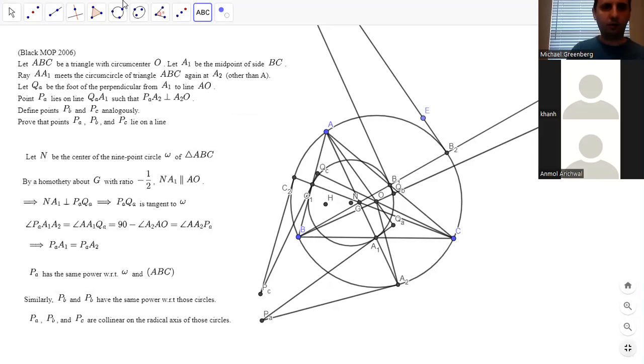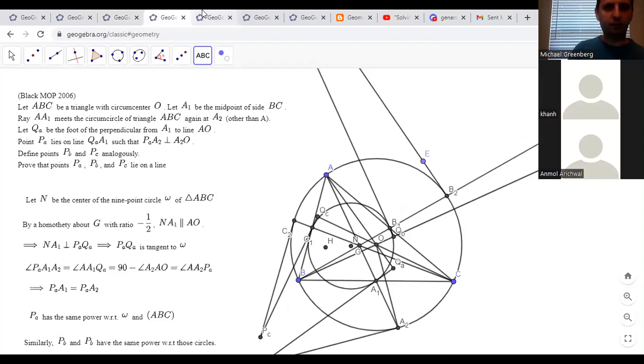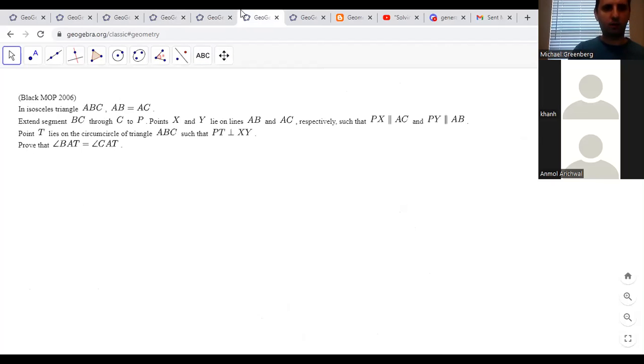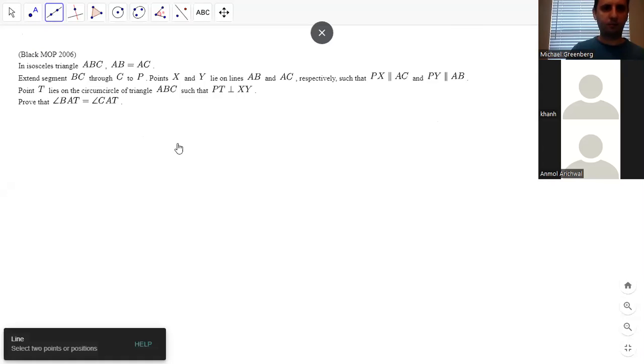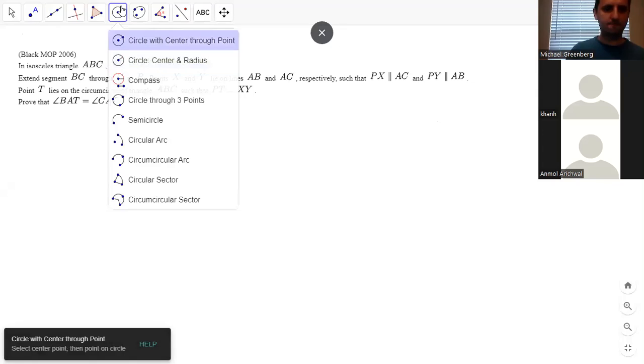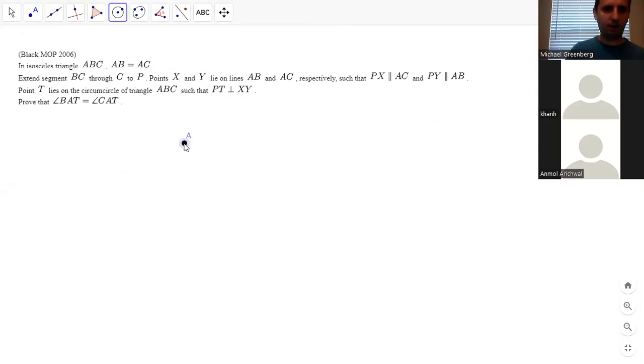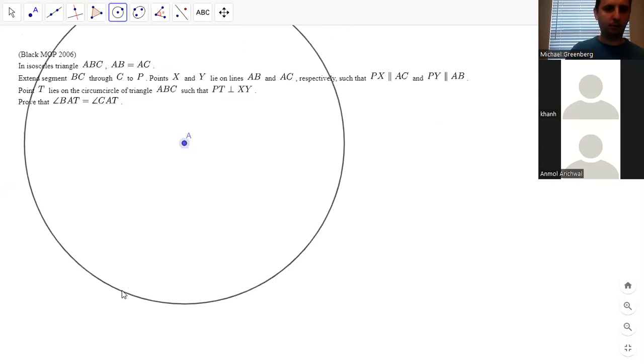Let's see. So we did this, we did this. Let's see if we can do this one quick. So we have an isosceles triangle, AB equals AC.